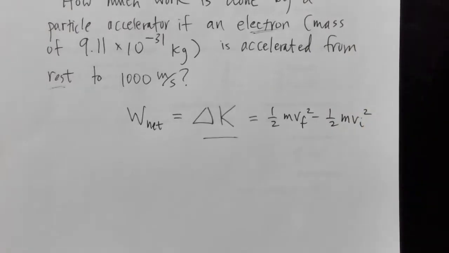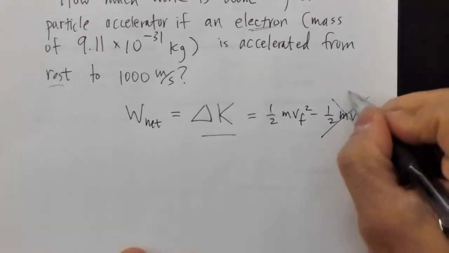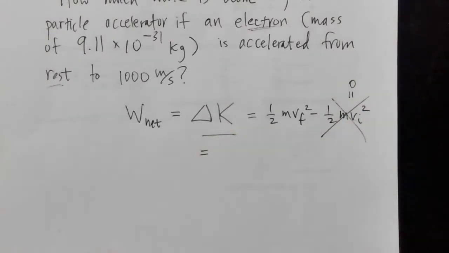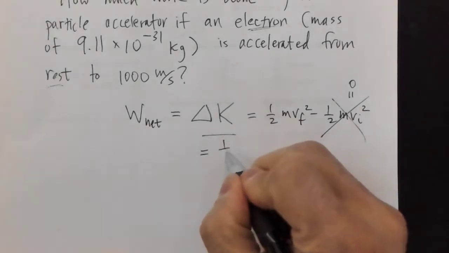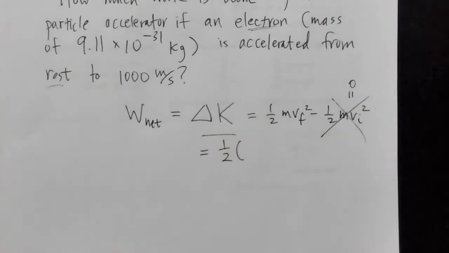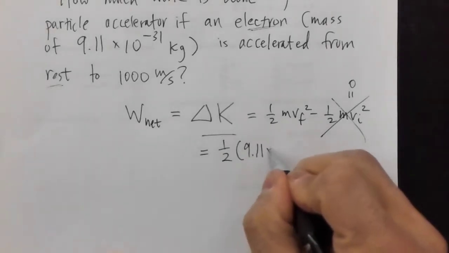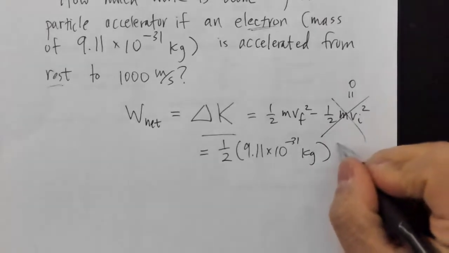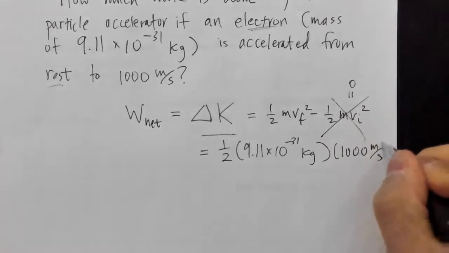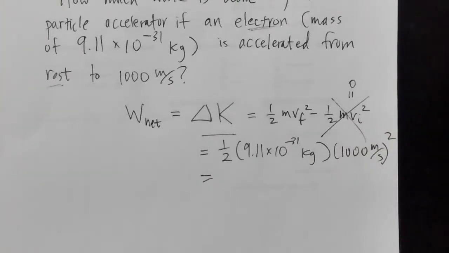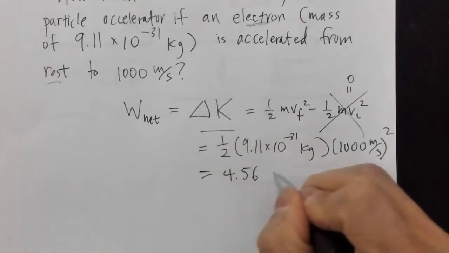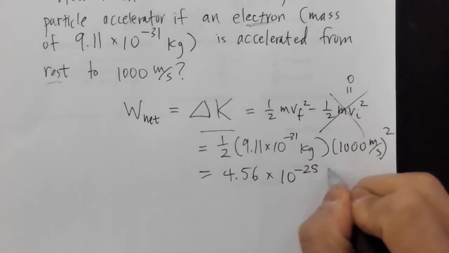But if it starts from rest, the initial speed is 0. So this is equal to 1/2 times the mass, which is 9.11 times 10 to the negative 31st kilograms, and then the final speed, 1,000 meters per second, squared. That comes out to about 4.56 times 10 to the negative 25 joules.